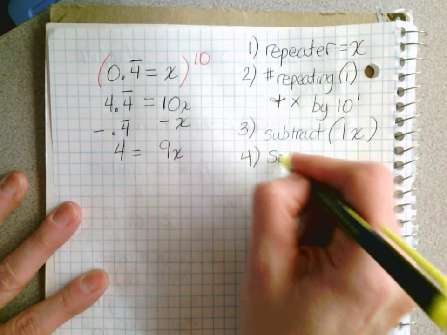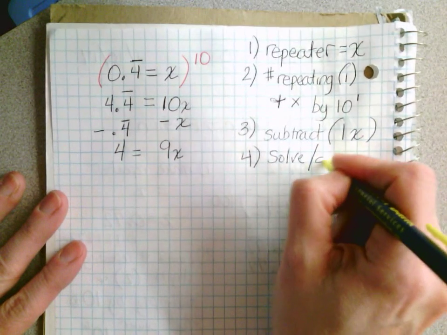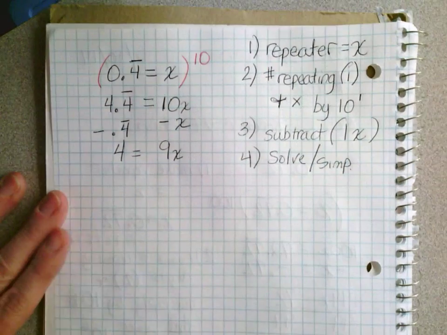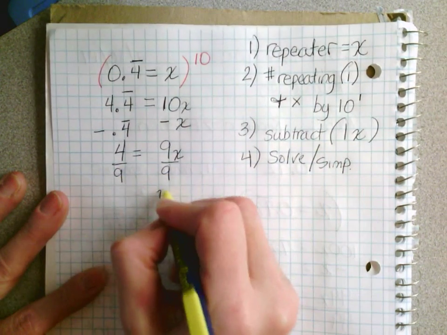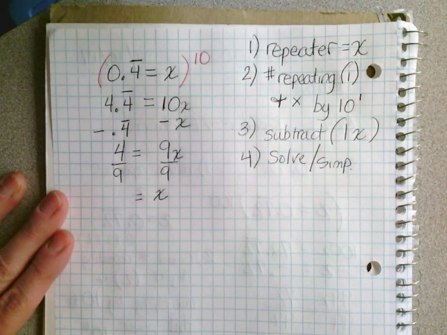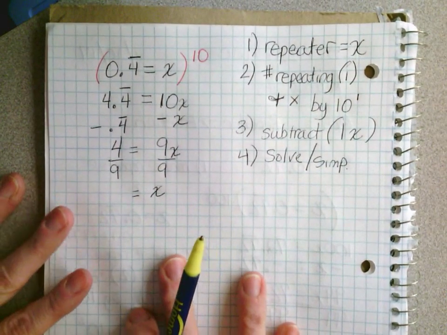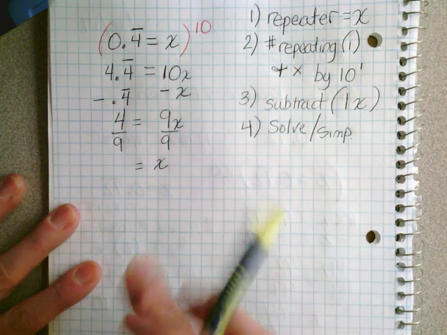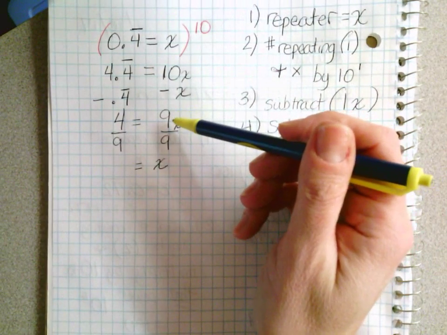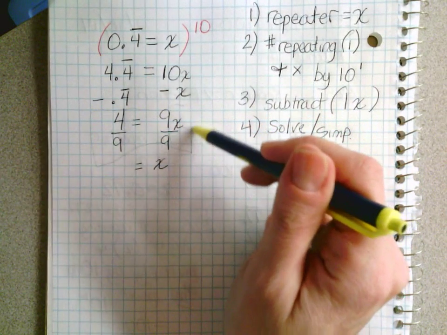Final step, solve and simplify where possible. In other words, reduce. What is x going to be equal to? Mason, what's x equal to? It's already solved.